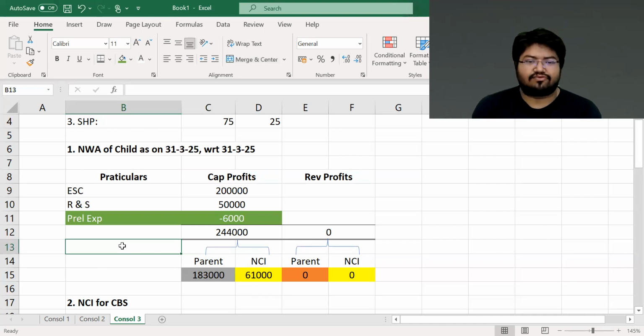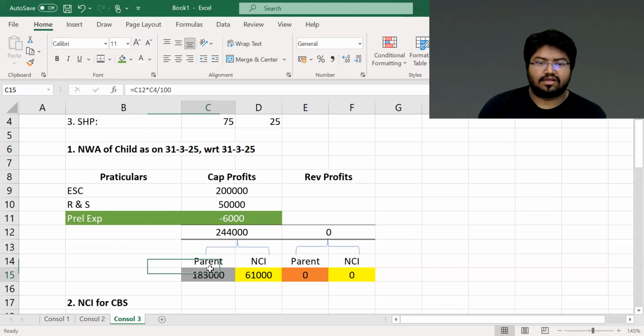And this would be distributed, allocated to parent and child in the ratio of 75-25. That is their shareholding pattern. Is that clear? Yes, sir.